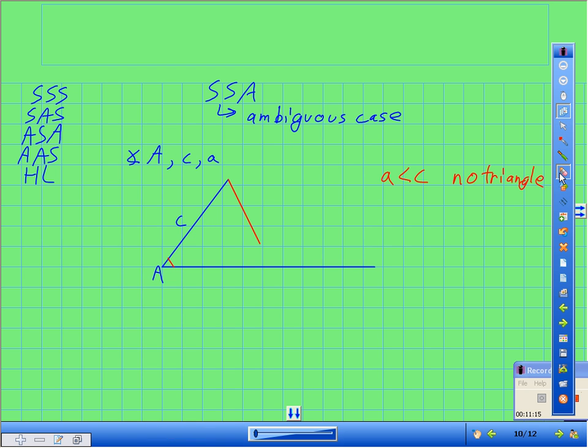Now, what happens if we get to a place where a is greater than c? Part of it depends on how much, but do you have any information about how side a should fit in? Could I have a triangle that looks like this?